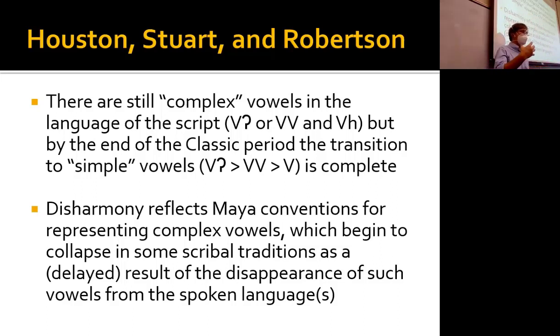Maya scribes tried to indicate the difference between short vowels and other kinds of vowels. Then during the classic period, that distinction started fading away, reflecting the present-day situation in which you only have short vowels. So for a time, Maya scribes tried to represent it, and then they gave up. Some scribal schools just shifted to short vowels only, and that's why we have these late spellings, which are basically all synharmonic.